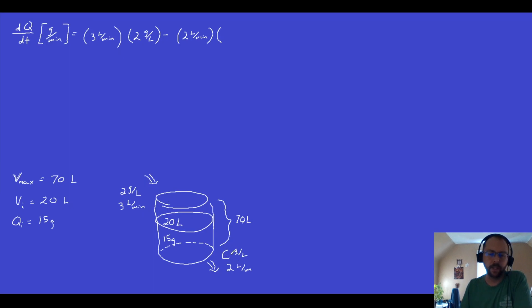We see that concentration is equal to the thing that's in grams, which will be the quantity, divided by the thing that's in liters, which will be the volume. So we're going to write Q in grams divided by volume in liters. And now a quick check of our units. We see liters cancel, liters cancel. So grams per minute minus grams per minute equals grams per minute. So the units check out.